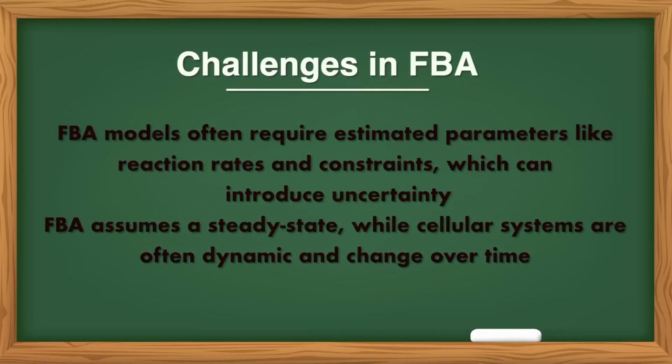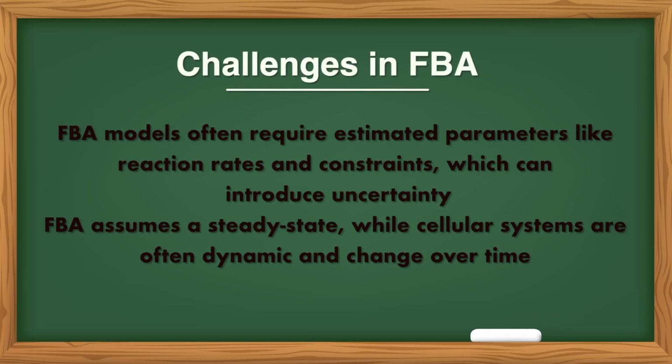Also, there are tools such as genetic algorithms and other tools which can help to predict the values of these constants. Now, another challenge is dynamic behavior. Imagine this, FBA assumes a steady state.